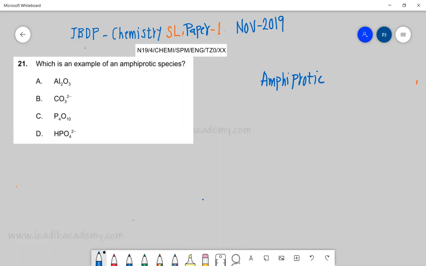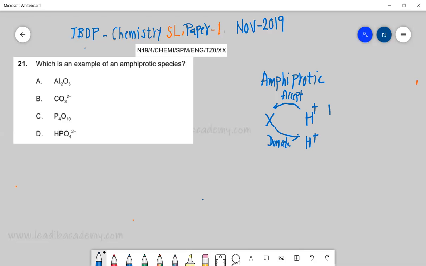Just to give some idea, it is a species, let's say it is X, which can either accept H plus or donate it, both. It is in a position to accept a proton, H plus, as well as in a position to donate.